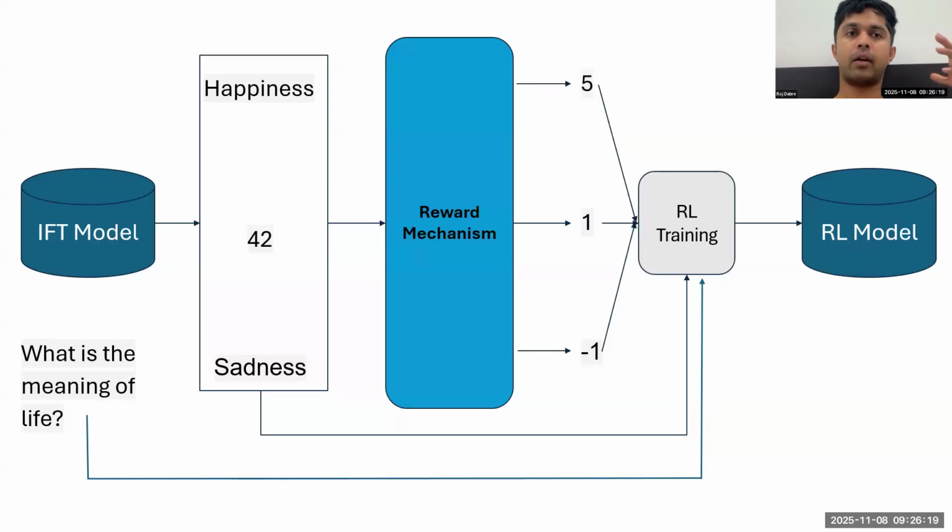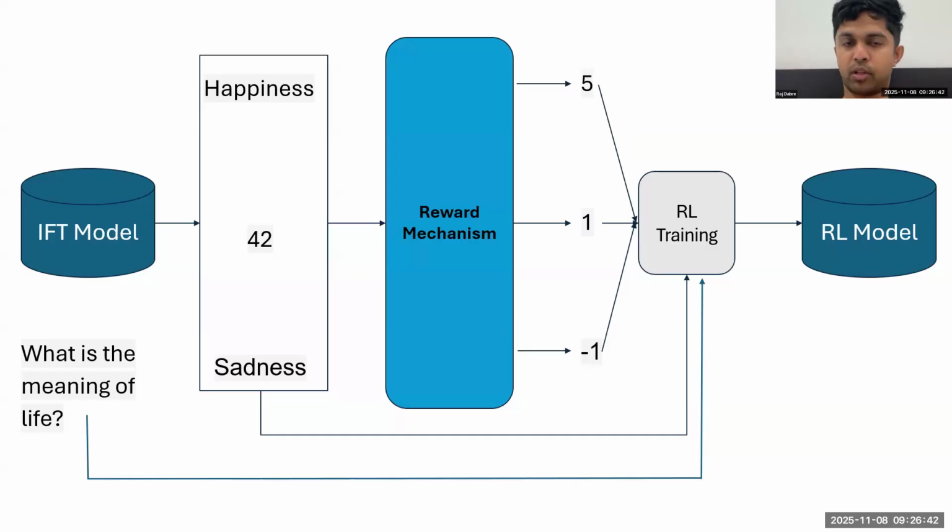And we want to understand what reward we can give to each of these responses. The typical way of understanding is that the meaning of life is in happiness, so that kind of response will get a higher reward. We have simplified this via a simple number, 5, which indicates a high reward.